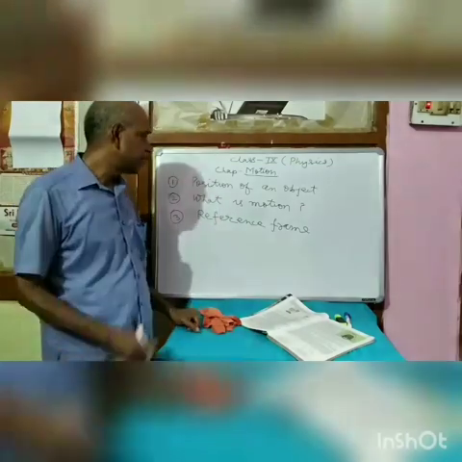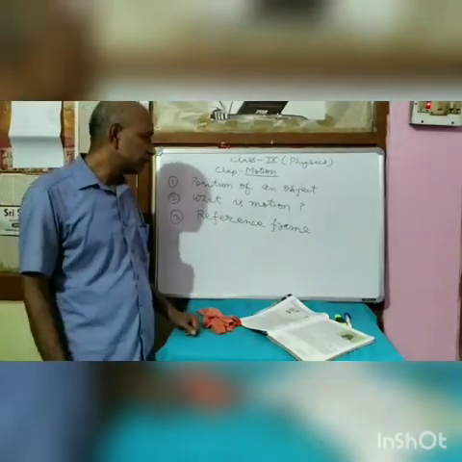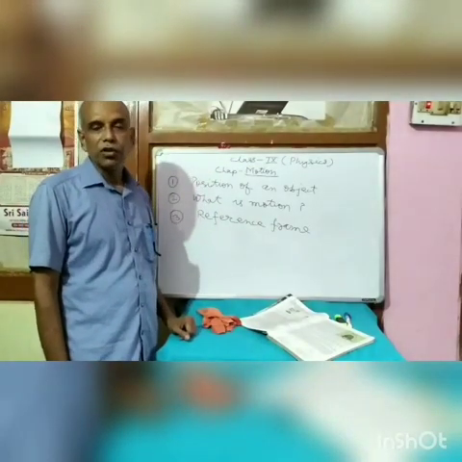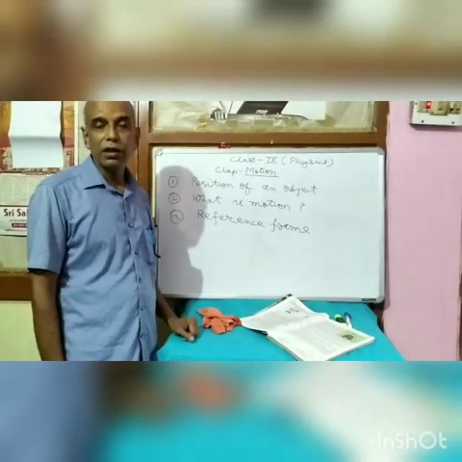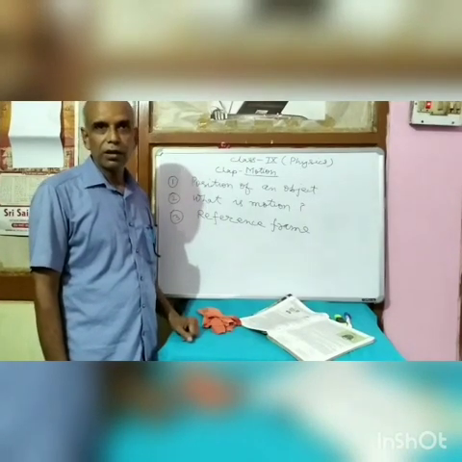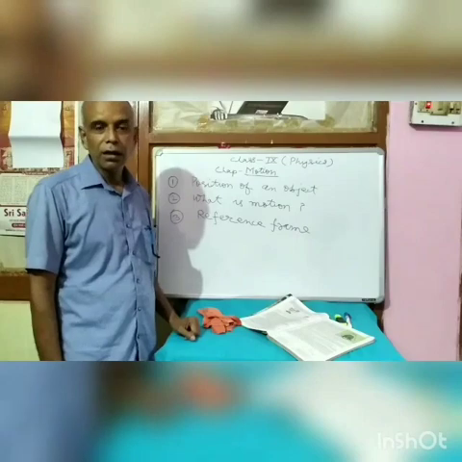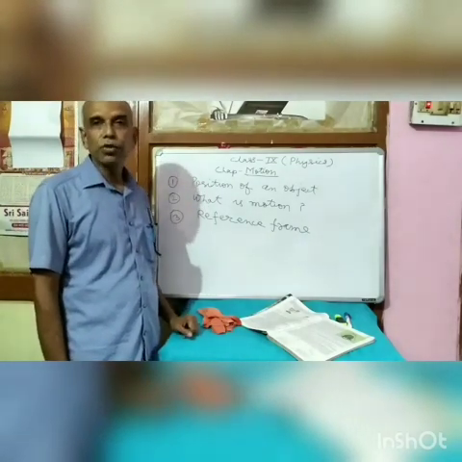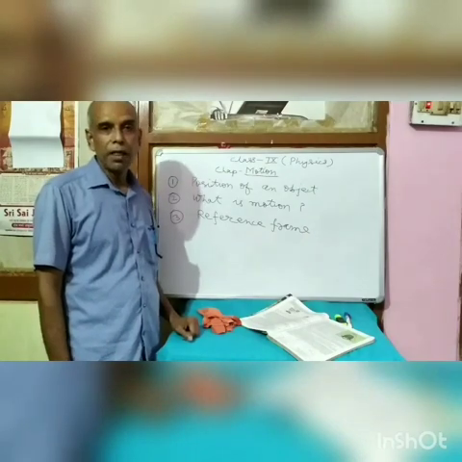To describe the position of an object, we need a reference frame. The reference frame will be a standing pole, standing tower, standing building. Assume that a bus moves on the road.